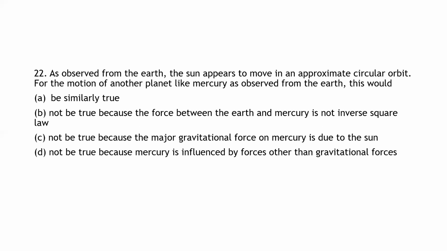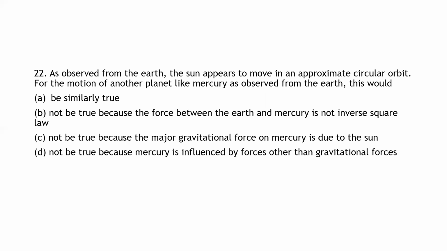As observed from the earth, the sun appears to move in an approximate circular orbit. For the motion of another planet like Mercury, as observed from the earth, this would.